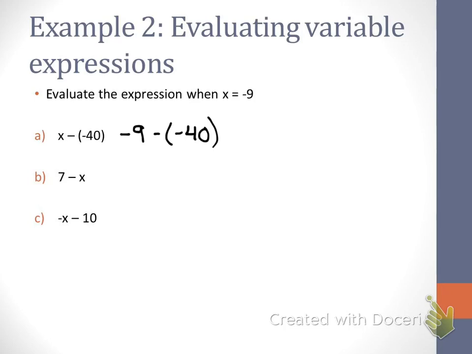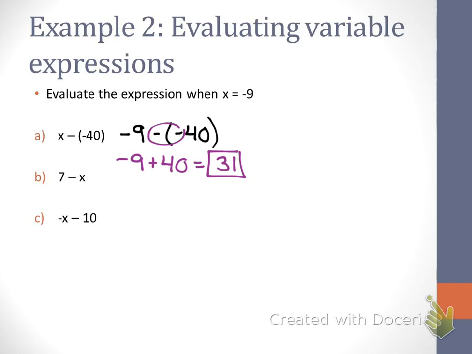Take away the double negative, right? I need to deal with my double sign and rewrite my expression. -9 plus 40. Now do I have same sign or different? Different. So subtract and take to get 31. Now is my answer positive or negative 31? Positive because 40 is bigger.